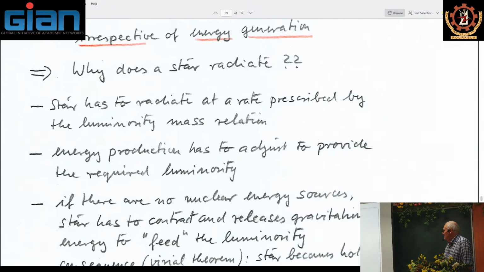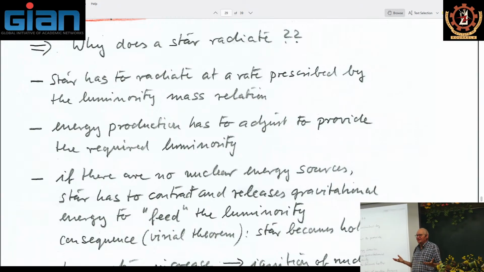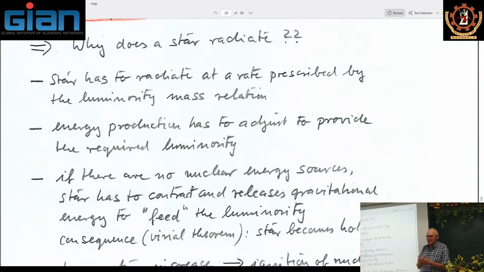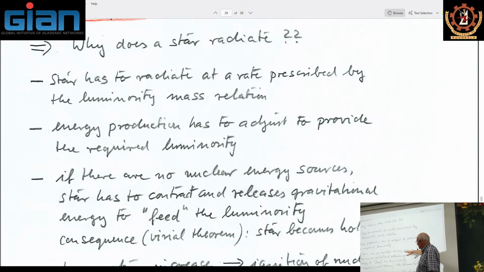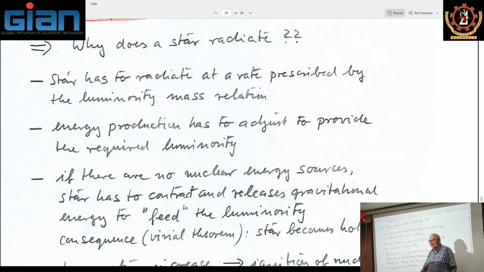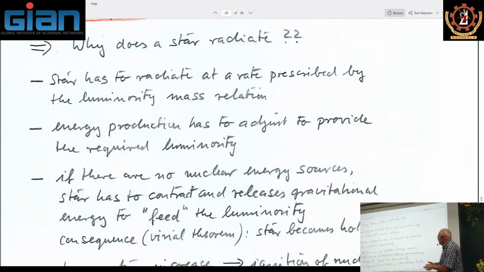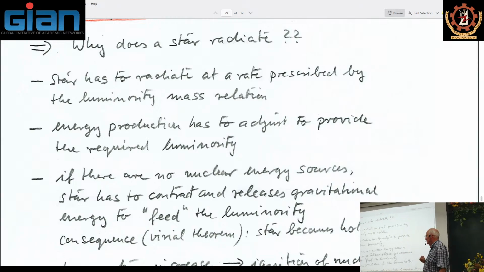Second, if there are no nuclear energy sources, then the star has to rely on its gravitational energy. So the star has to contract to release that gravitational energy and to feed the luminosity.